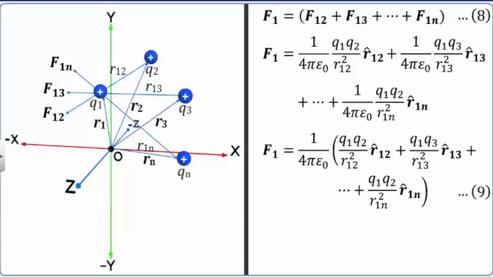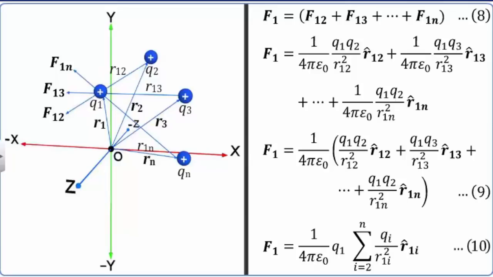Thus, net electrostatic force on Q1 is F1 equal to 1 by 4 pi epsilon naught into Q1 into sigma I equal to 2 to n, QI by R1I square into R1I cap. Let this be equation 10.